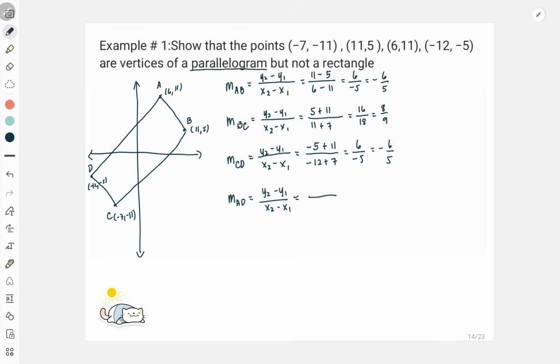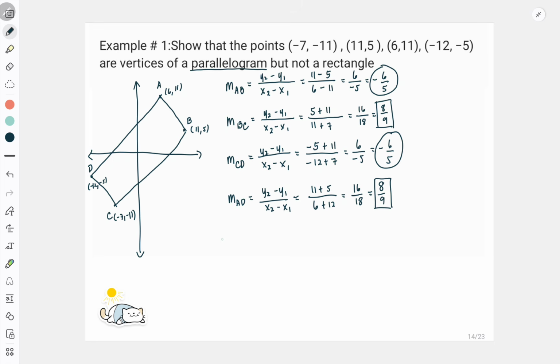So for AD, we have 11 plus 5 over 6 plus 12. So that's equal to 16 over 18, or that's equal to 8 over 9. So look at this. The slope of AB is equal to the slope of CD, and the slope of line segment BC is equal to the slope of line segment AD.